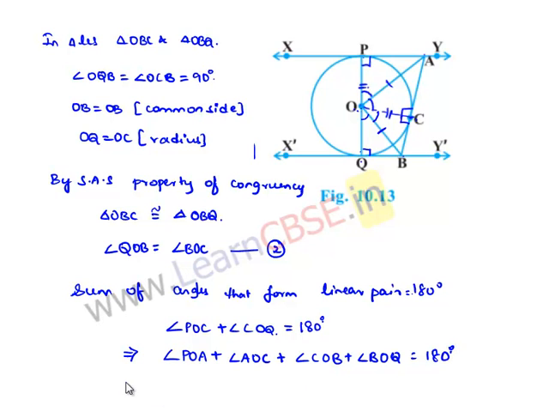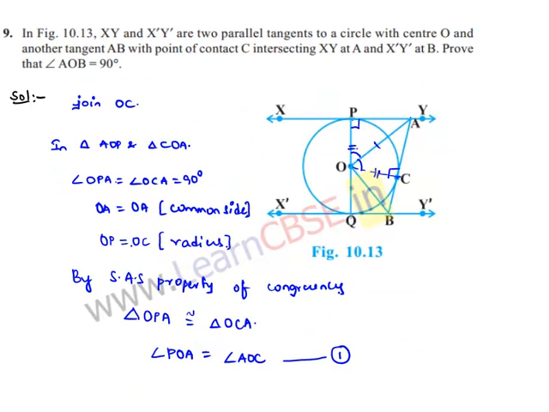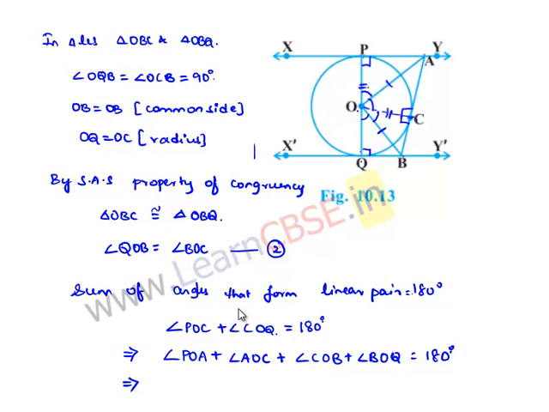That implies, in the first equation we got angle POA is equal to angle AOC. So let us substitute that. That is angle AOC plus angle AOC, plus let angle COB remain as it is, plus angle BOQ or angle QOB, which we got as angle BOC in equation number 2 and which can also be written as angle COB, that is equal to 180 degrees.